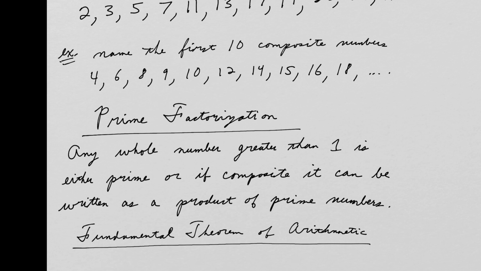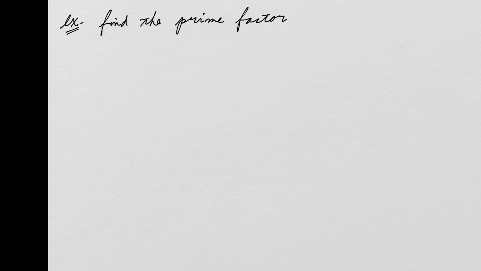Okay, so let's review how to find the prime factorization. And we're going to use this technique where we use a tree, okay? Okay, so how do we do this? Let's do an example. Let's say we want to find the prime factorization of 40, right, of the number 40.